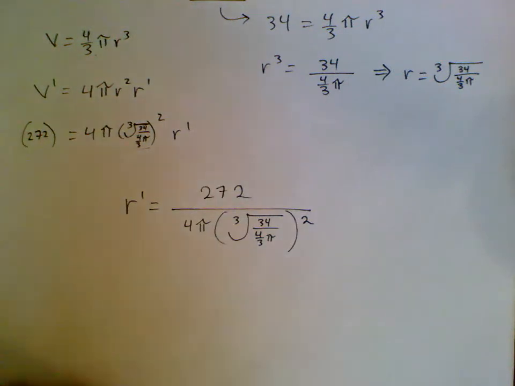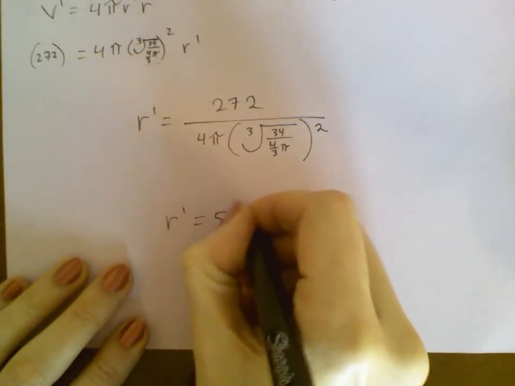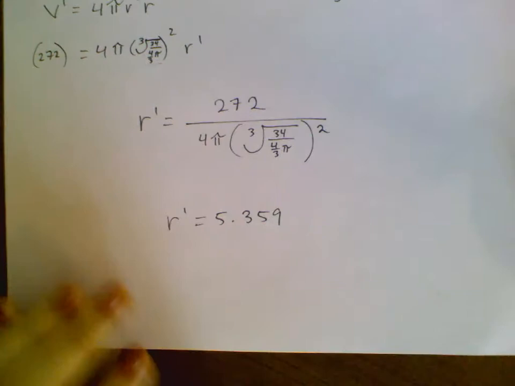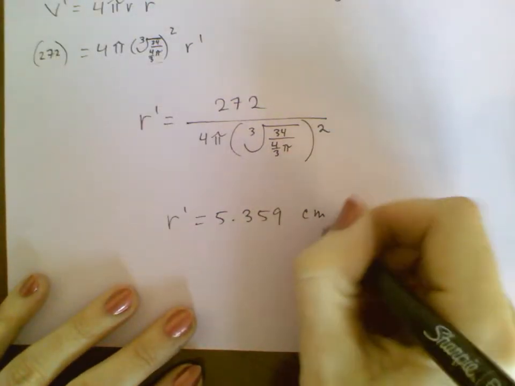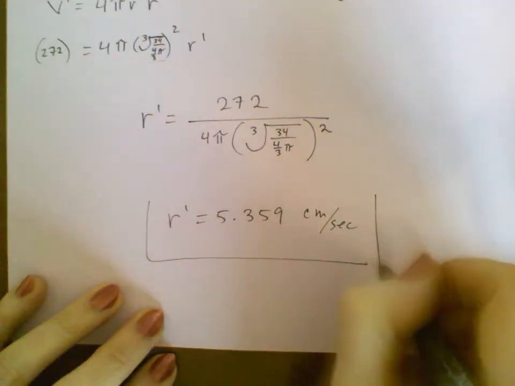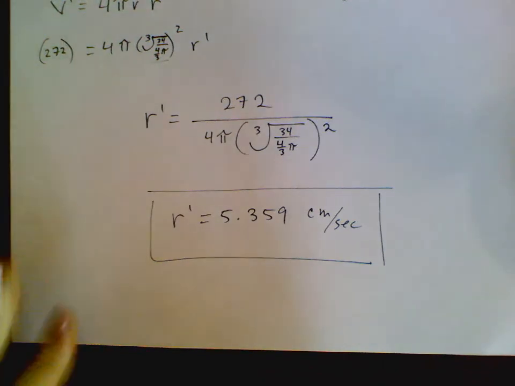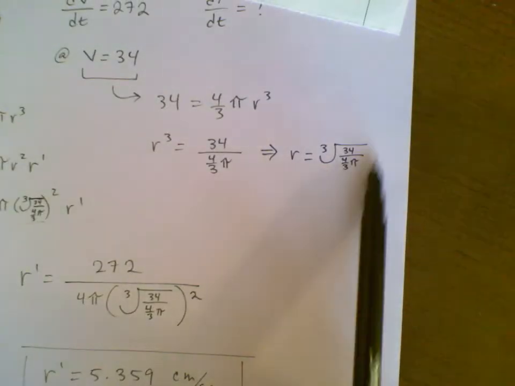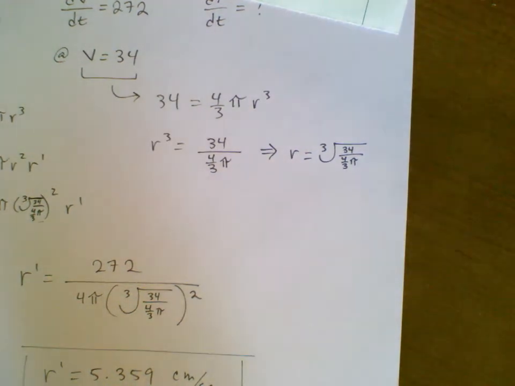Okay, so I got r prime is 5.359, and our units are going to be, so a radius is a length, so centimeters per second. Okay, and guys, if I had the calculator in front of me, I think I would have just plugged this into the calculator here and then stored it.